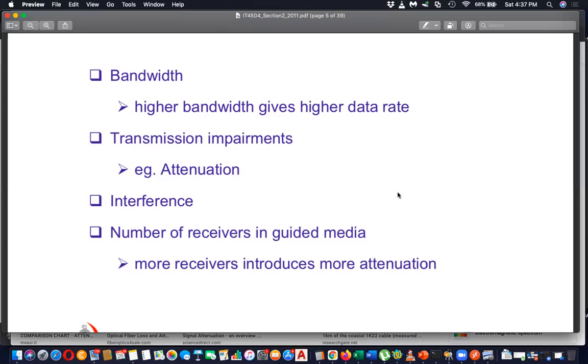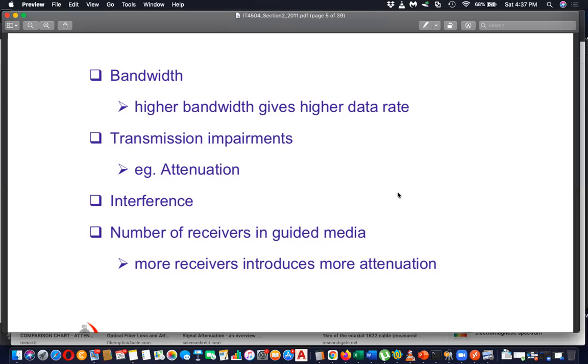So for those kinds of places, it's better to use wired signal rather than wireless. And especially if the area is cloudy and rainy, or always has obstacles like forests and hills, it is advisable to use wired media rather than wireless media.